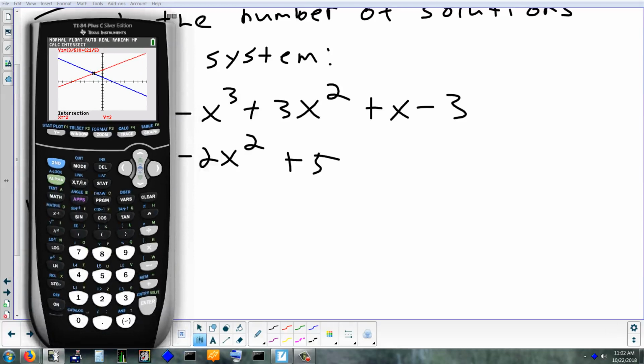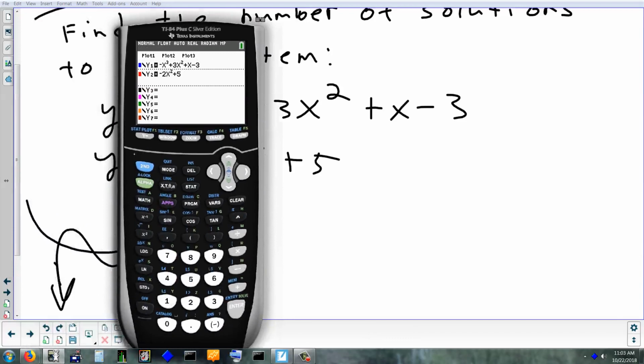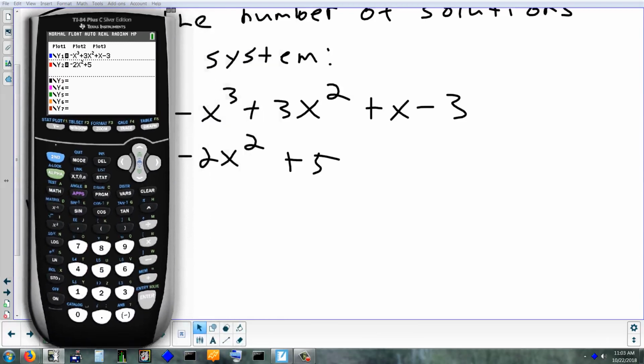So type it in. Negative x cubed plus 3x squared plus x minus 3. Okay, so there's my cubic and my parabola. So the reason it's kind of important to think through what it would look like is because something might happen off the screen that we need to look at.